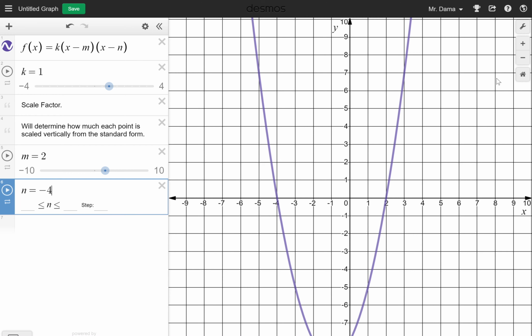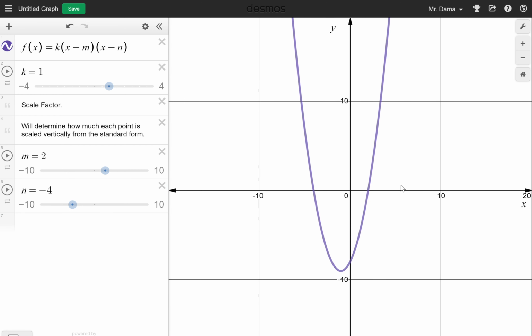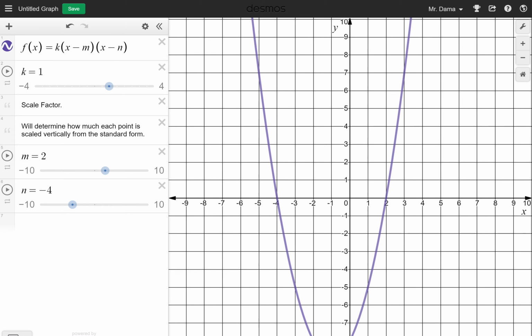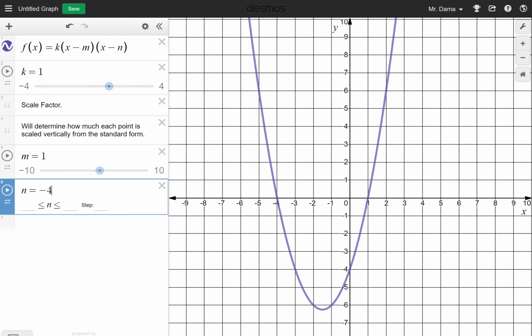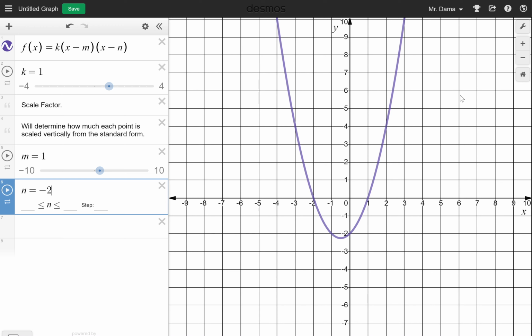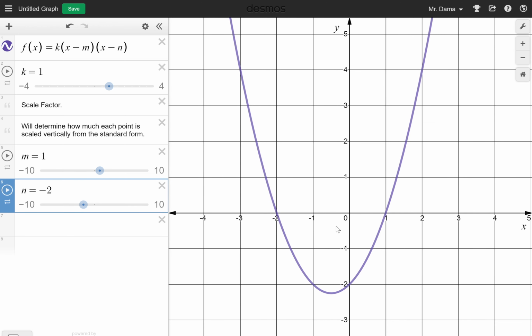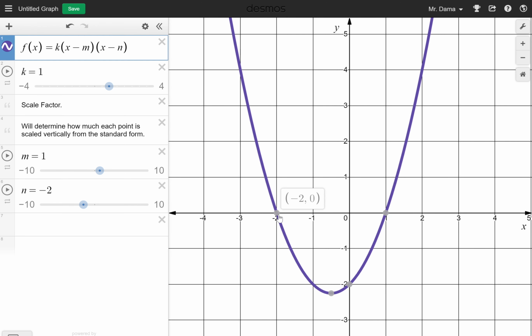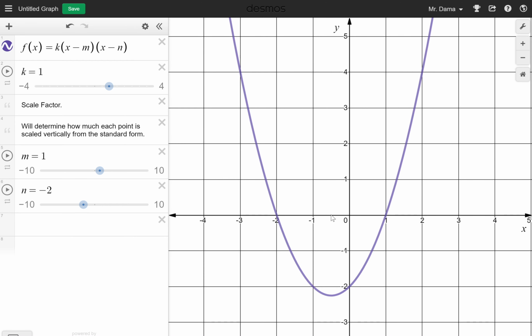I'm going to zoom in a little bit, and I'll make this 1, and I'll make this -2. Let's zoom in a bit more. If I have 1 and -2, what's halfway between them? Well, if you look on the graph, halfway between this and this is at -half. You can see it here.